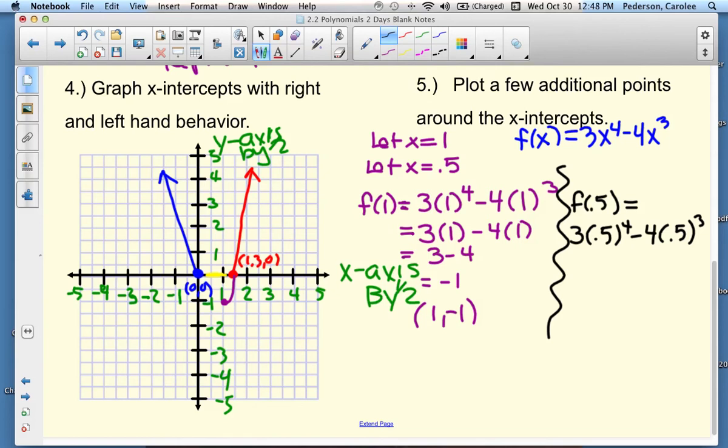Let me just grab one. 0.5 raised to the 4th, then multiplying that by 3, we get 0.1875. 0.5 raised to the 3rd times 4 is 0.5. 0.1875 minus 0.5 is negative 0.3125. So that ordered pair then is over a half, down about a third.